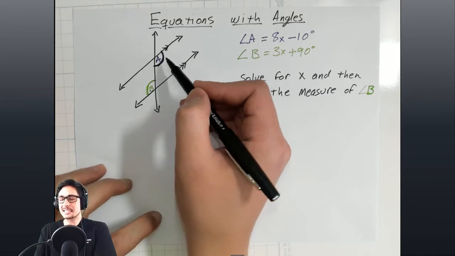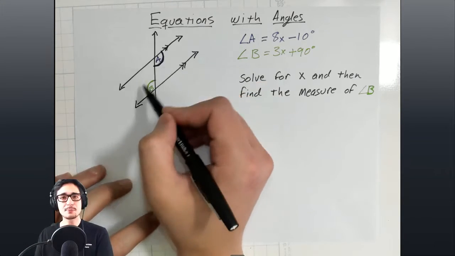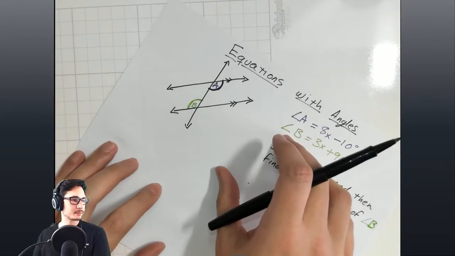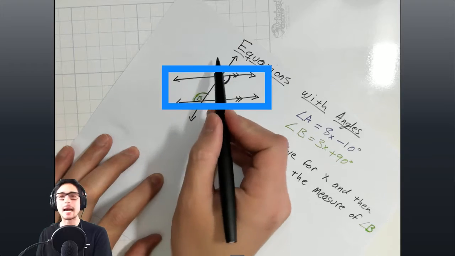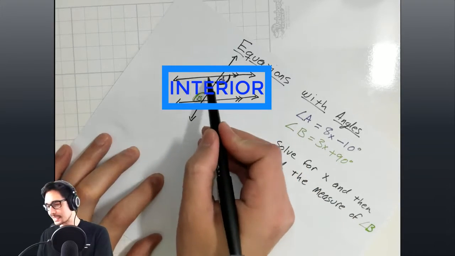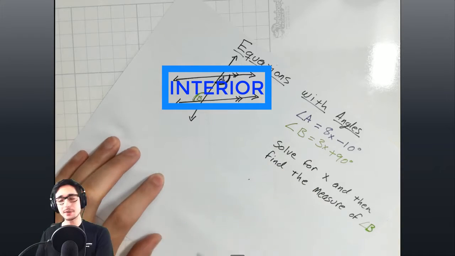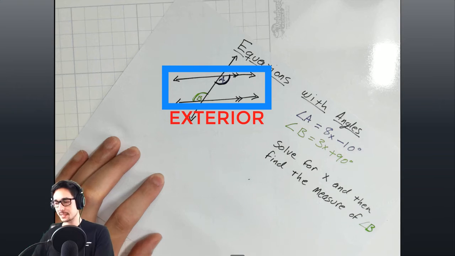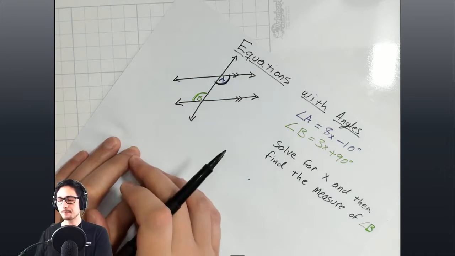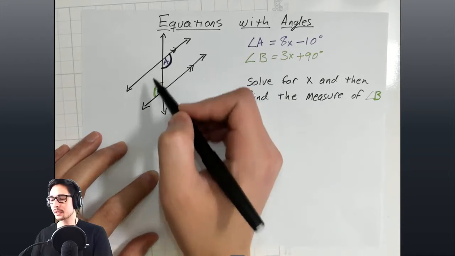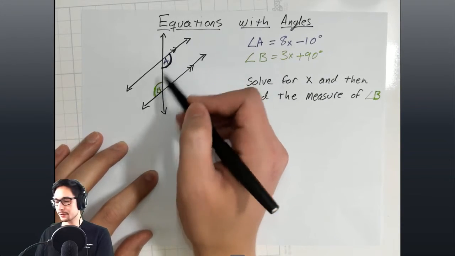If you think about it like a house, imagine these are your two walls. If you are inside your house, you're on the interior, and if you were on the outside, you'd be on the exterior. So because these angles are inside the parallel lines, they are interior angles.